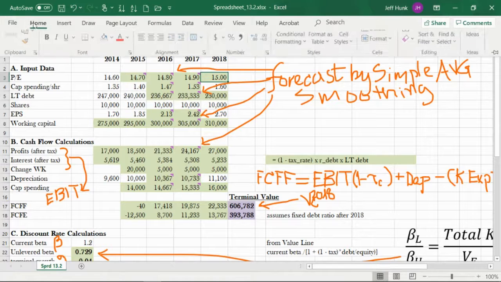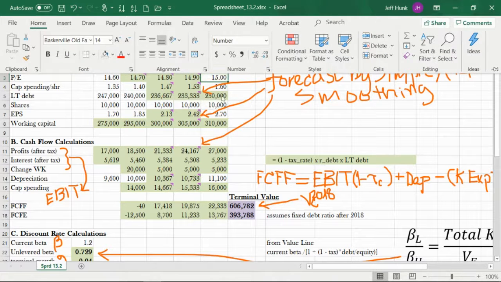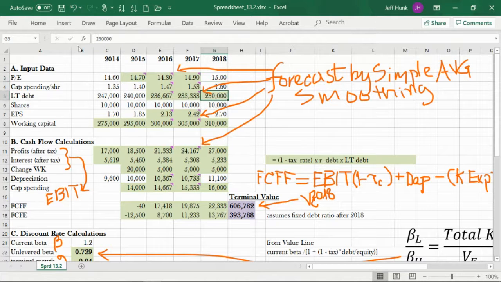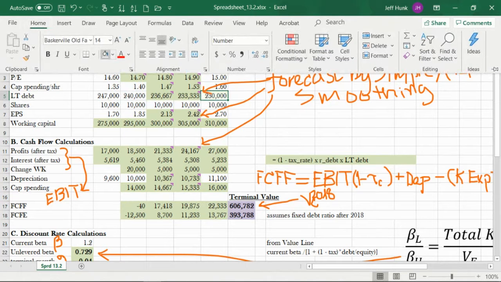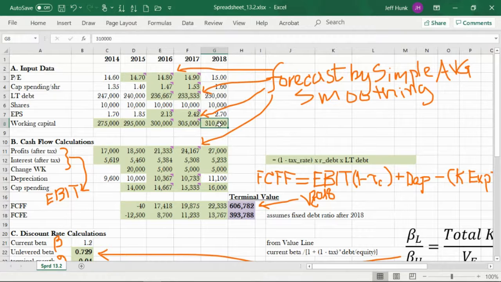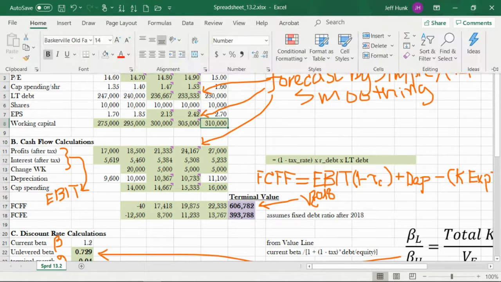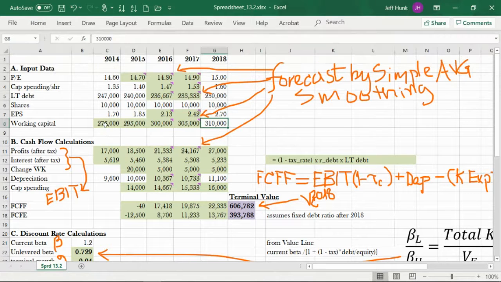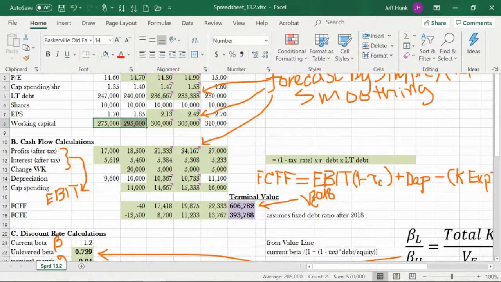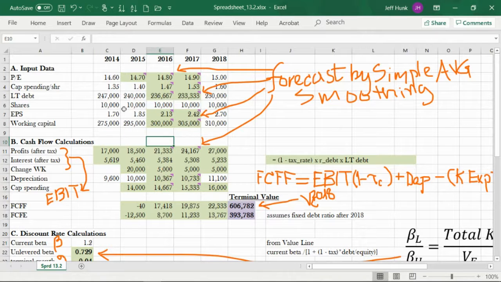On this one, I'm sorry, that shouldn't have been highlighted. These two. All righty. And then number of shares, 10,000.